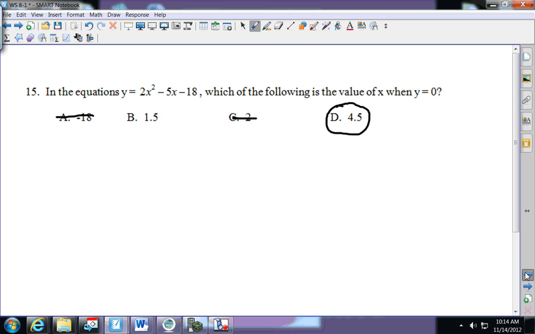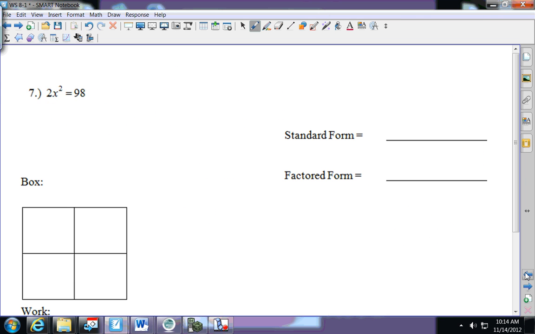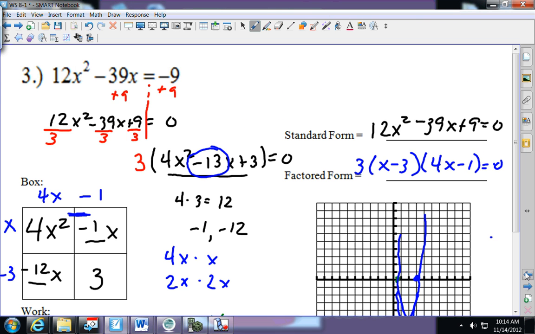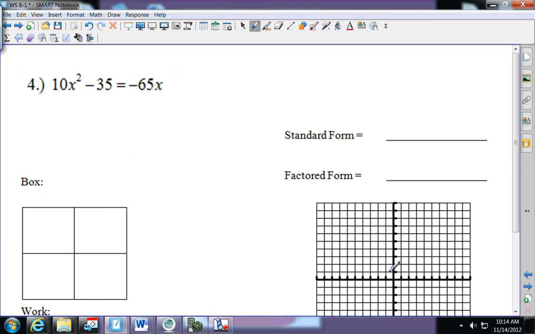Okay, let's go back to some of these beginning ones, the ones where we were practicing right here. Why don't you take a minute and pause the video and try to figure out in standard form, factored form, and find your solutions.